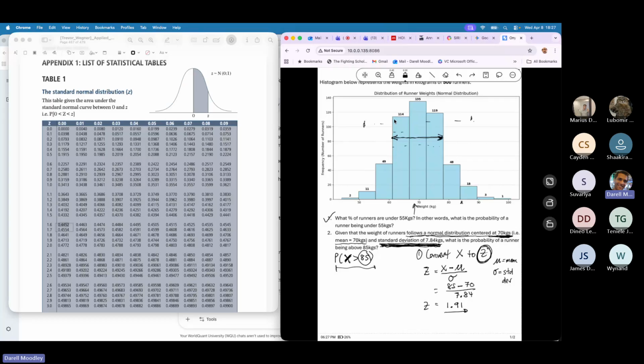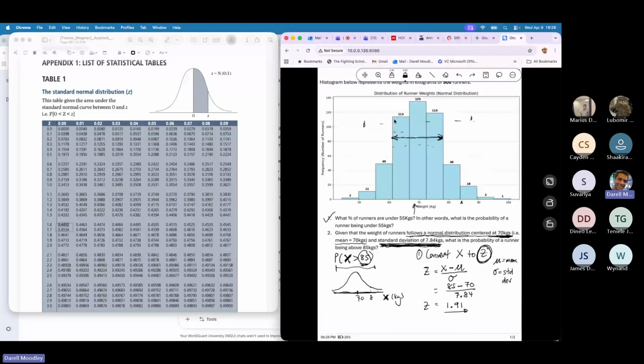What we're trying to do essentially is we have your runners, which follow a weight in kgs, which we represent by X. It's centered at 70. So here's your normal distribution for the runners in kgs. 85 is on the right of 70, so it's here.